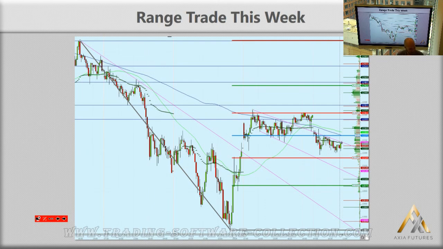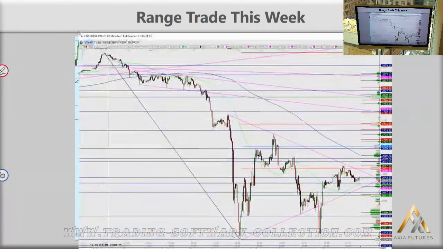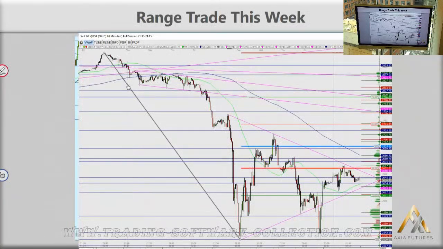The S&P recently on this drop has made a bit of a mess of its fibs so far. But I do feel that's one to be watching, because this is the whole drop now. So 27.45 is a 618 fib. It's not adhered to any of the others.